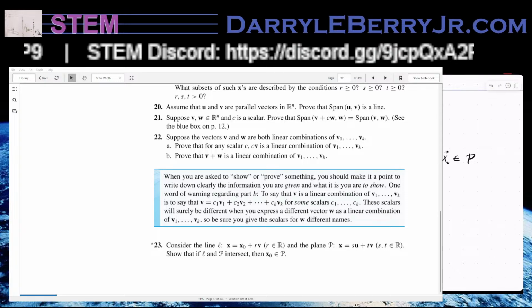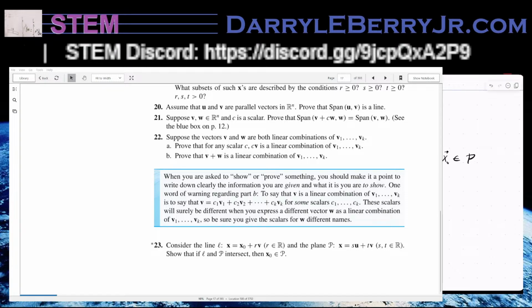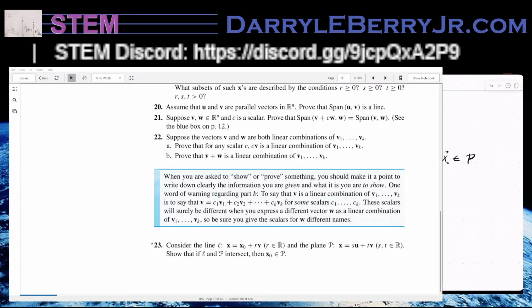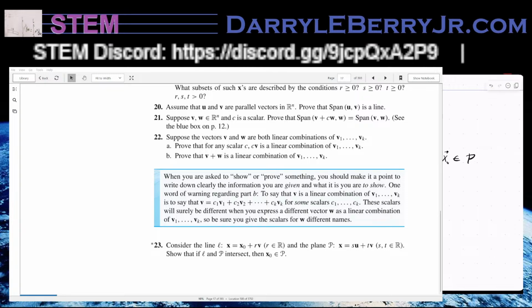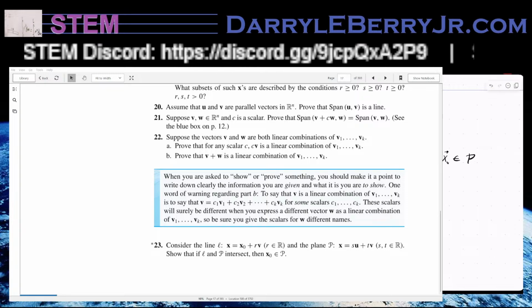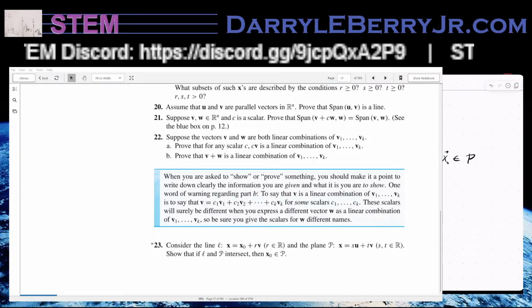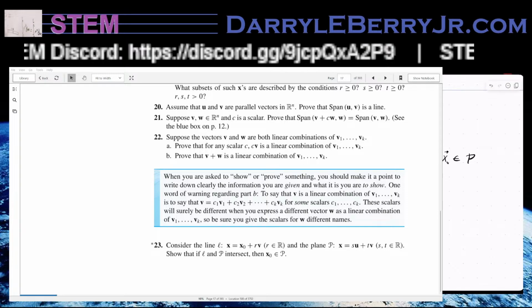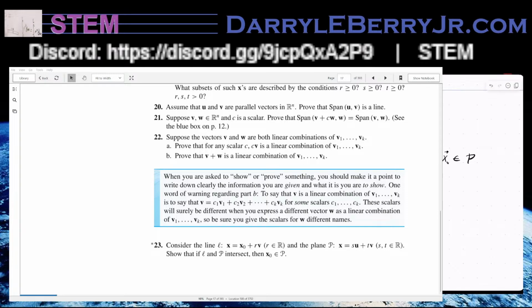So that'll be x naught, and this will be x naught plus rv.